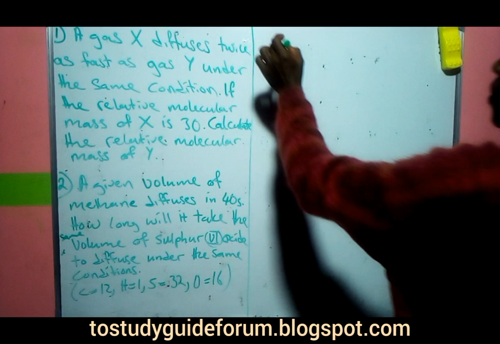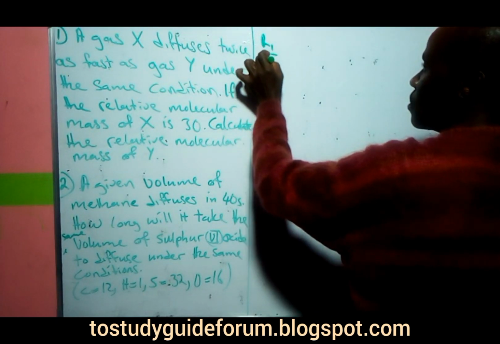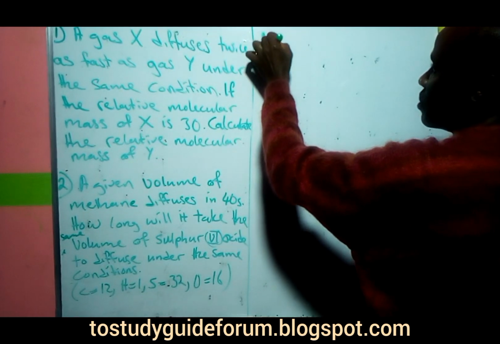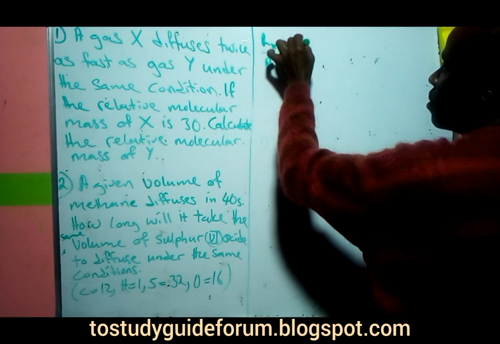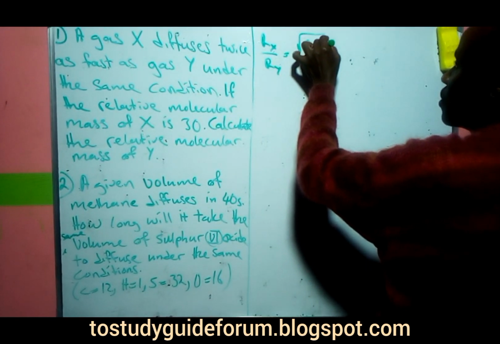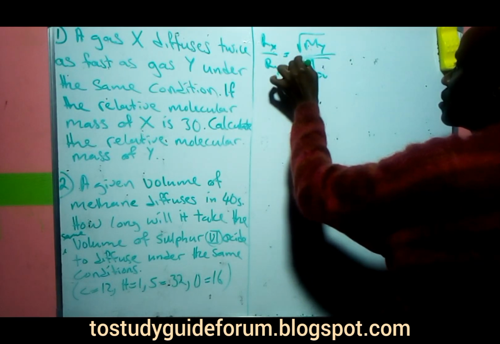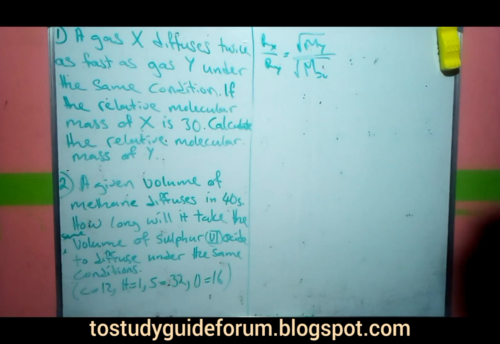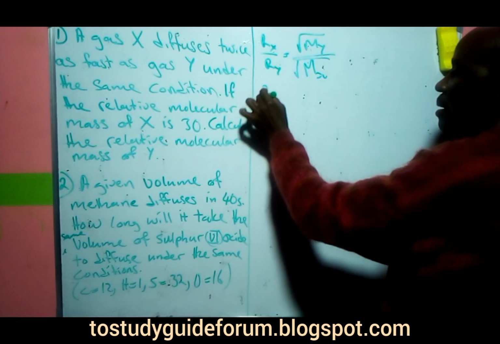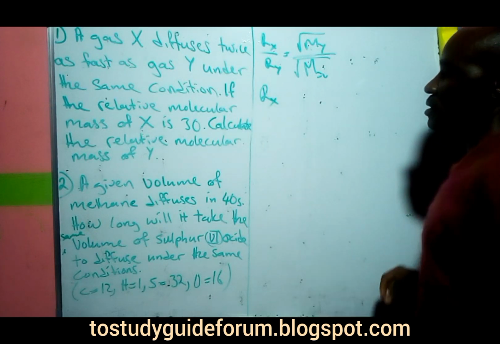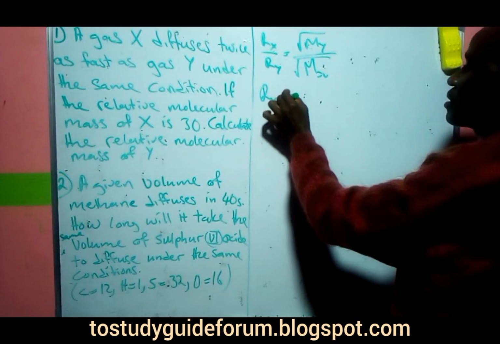Now because we have gas X, we can say this one is for X, this one is for Y, equal to the relative molecular mass of Y all over the relative molecular mass of X, all squared. So now, the rate of diffusion of X is what? 2.